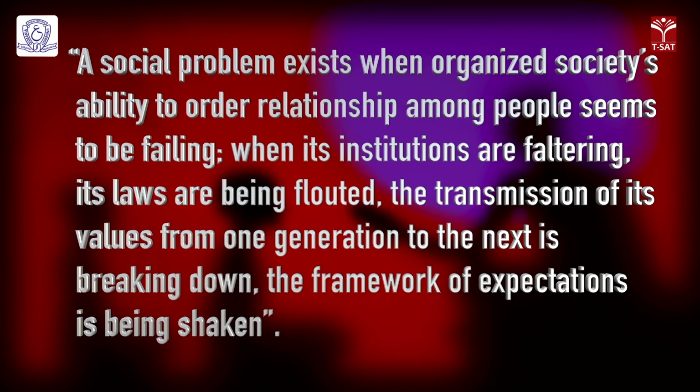In regard to the first aspect, they say a social problem exists when organized society's ability to order relationships among people seems to be failing, when its institutions are faltering, its laws are being flouted, the transmission of its values from one generation to the next is breaking down, and the framework of expectation is being shaken. A social problem being thus defined, juvenile delinquency is to be seen as a breakdown in society itself.